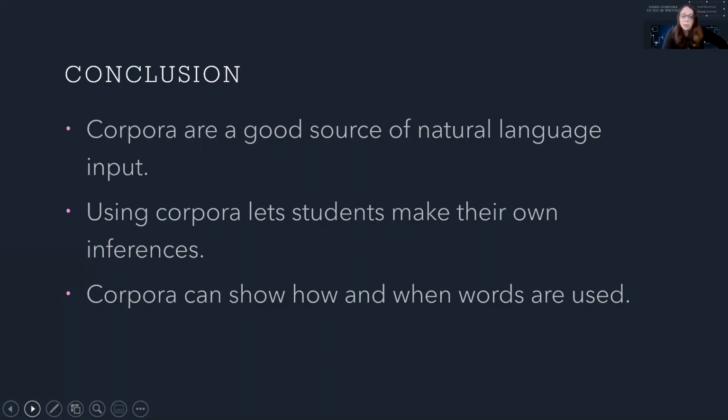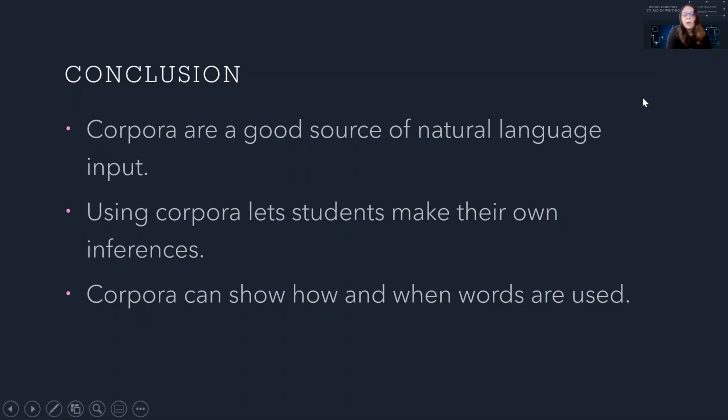Also, it lets the students make their own inferences, so they're probably going to pay more attention. I don't know about you, but when I'm learning Japanese and someone tells me, this is what the word is in Japanese, I go, great. And then 5 seconds later, I've completely forgotten what they have said. So by seeing it and by interacting with the material, it's more likely that students will remember it.